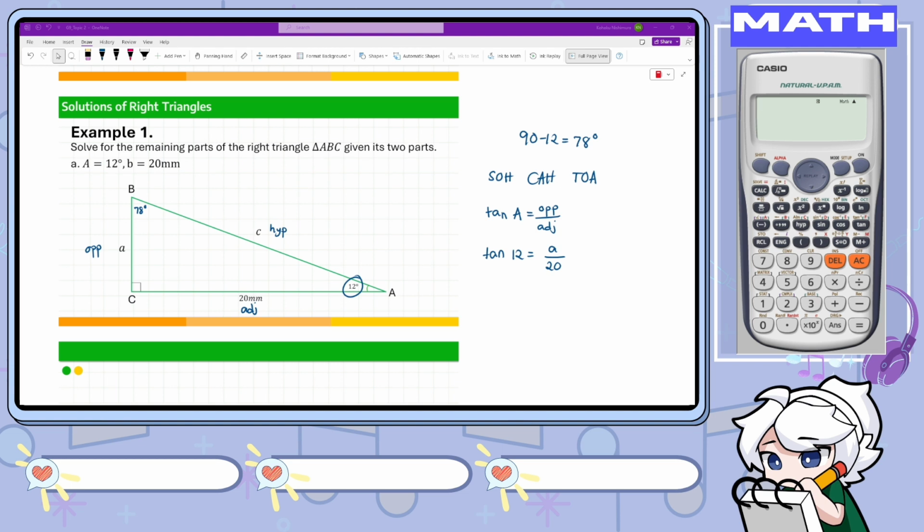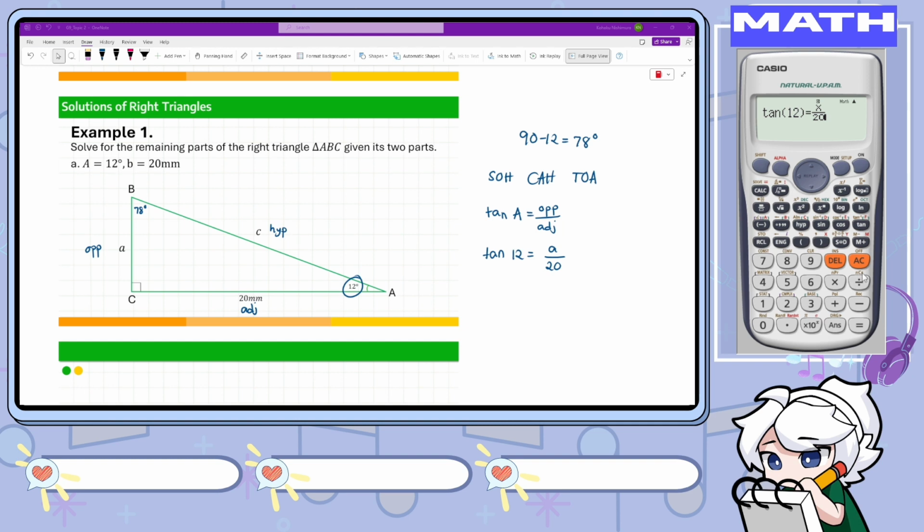As you can see here, we have tangent 12, right? So I want to type tangent 12 as is. Now I press alpha and press this calculate button so that I have equal here. And input this, and press alpha again and press this close parentheses to make X over 20.